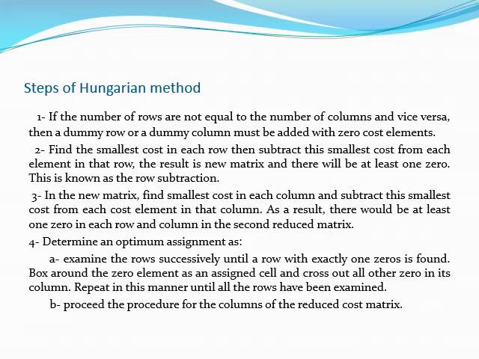The result is a new matrix, and there will be at least one zero. This is known as the row subtraction.